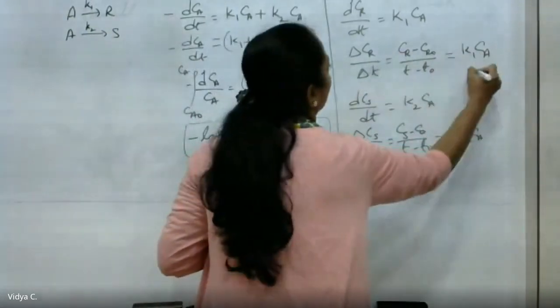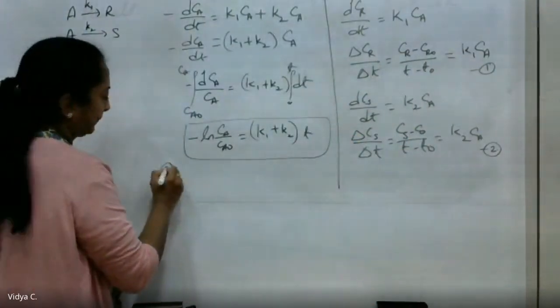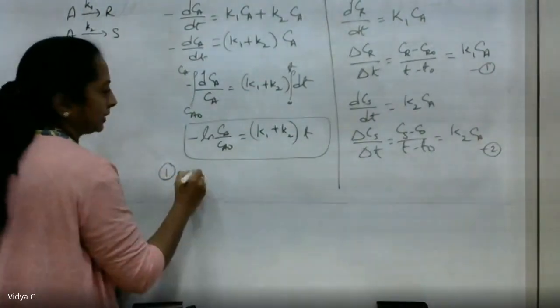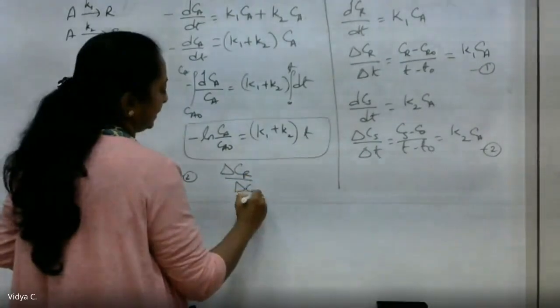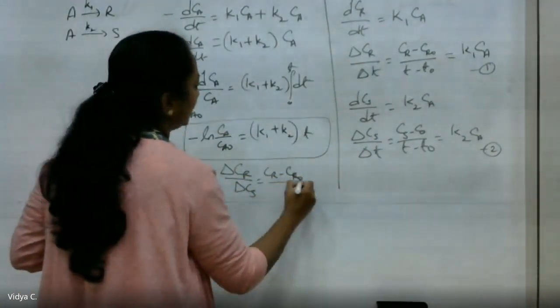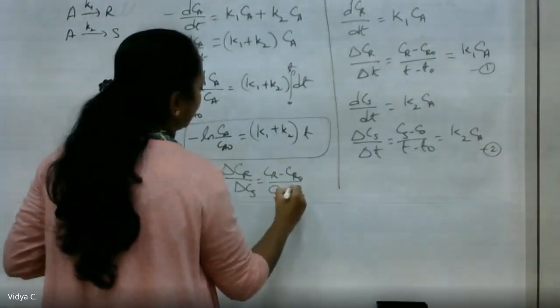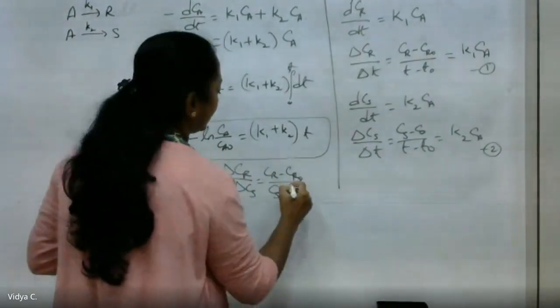So from these 1 and 2, what can I conclude? 1 divided by 2 concludes delta Cr by delta Cs is equal to Cr minus Cr naught divided by Cs minus Cs naught, which is equal to K1 by K2. Cr naught usually will be 0, because these are products, so initially there is no concentration of the products.